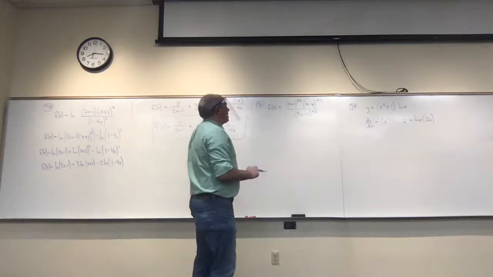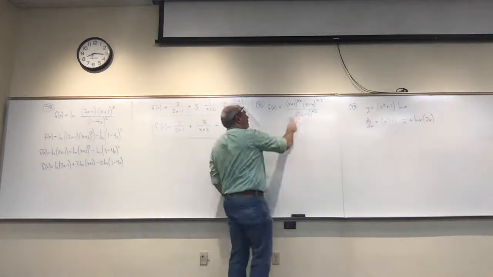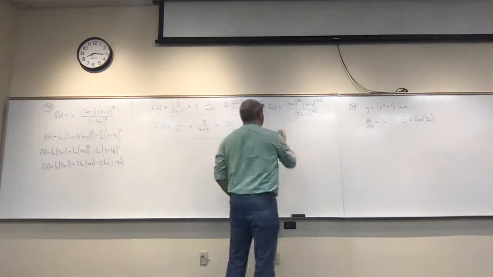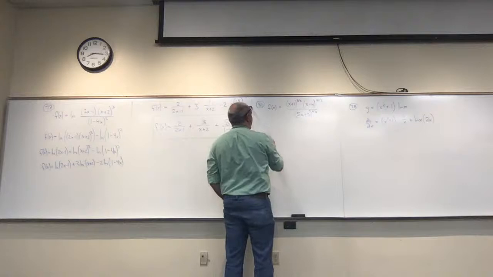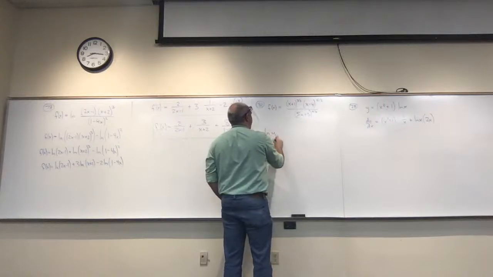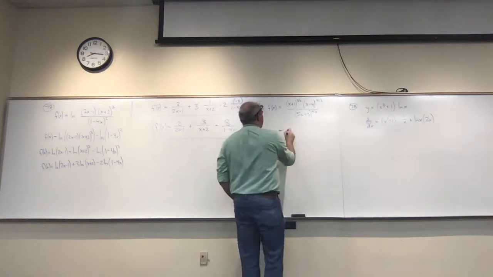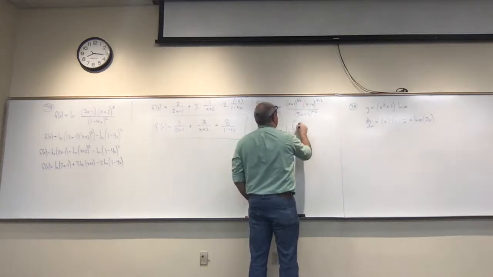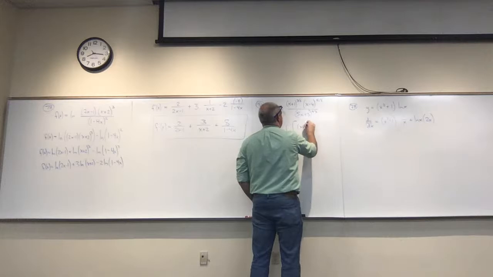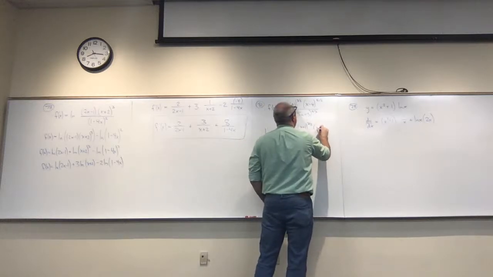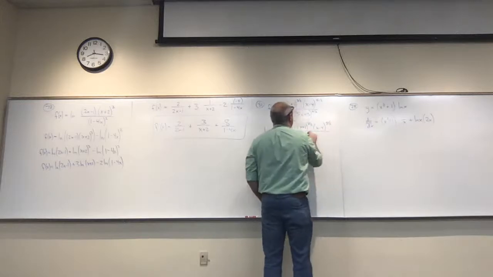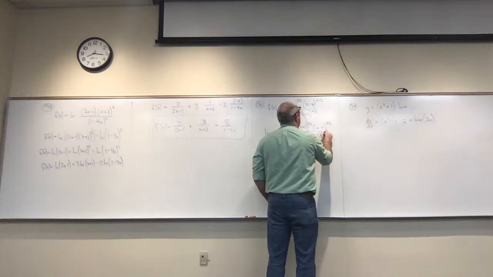Since writing e to all of this stuff sounds kind of horrible, I'll just take the natural log of both sides. So I'm just going to call this side y and say ln of y is equal to ln of all of that stuff. So this is (x plus 1) to the 3/2 times (x minus 4) to the 5/2 divided by (5x plus 3) to the 2/3.